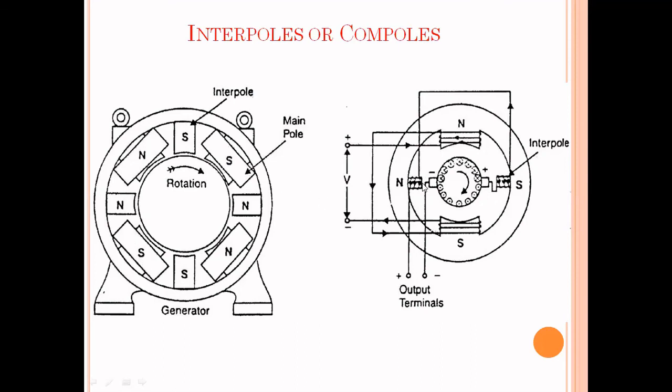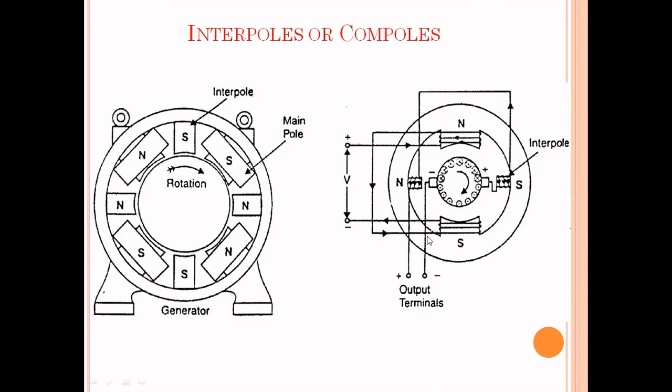Now, a small number of turns are wound on the interpole winding. Here we see voltage is applied to the field winding; the small ones are the interpoles, and these are the main poles. So interpoles are connected in series with the armature winding.